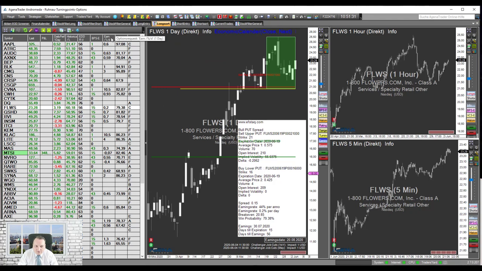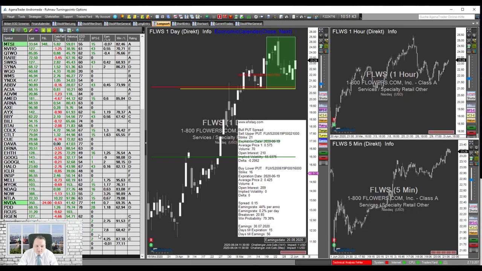And you see also in the columns how many days till the earnings day, then how many days the option is available.